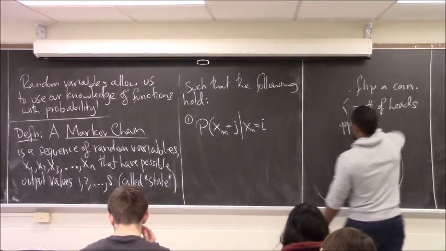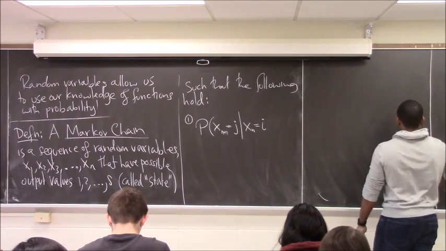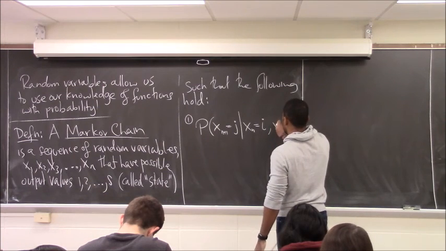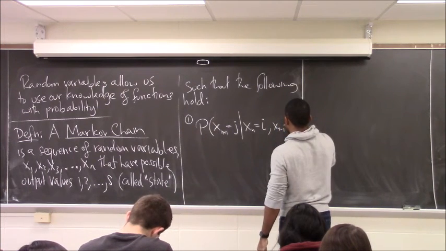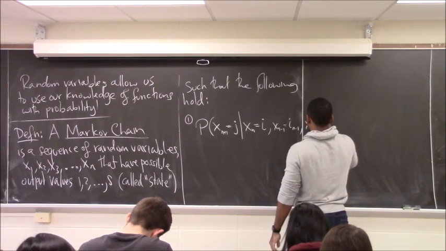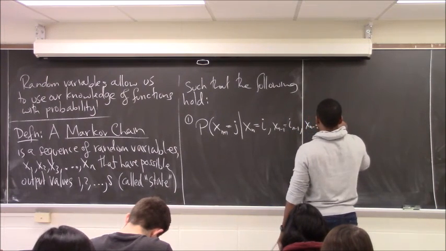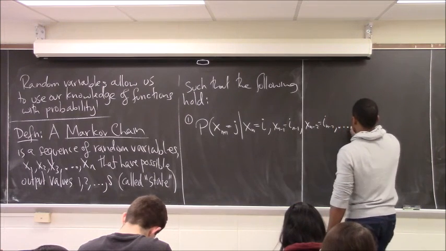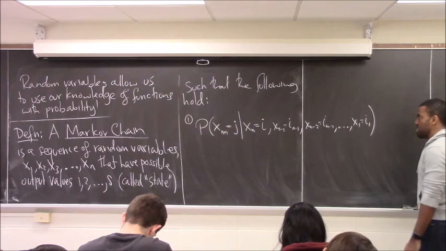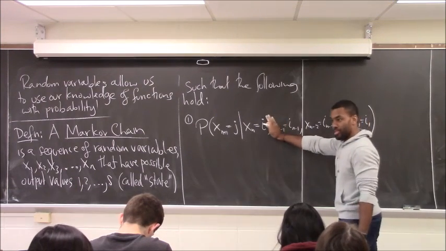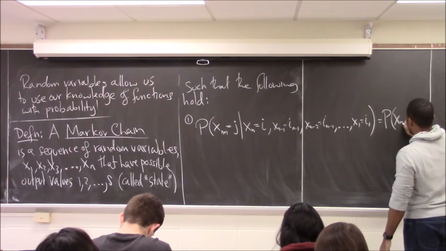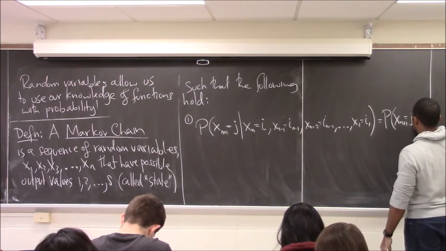And it works out in the following way. Markov chains forget the past. They only count on the present. So if someone were to tell me what all the previous guys were doing, all the way down to the very first guy, the Markov chain is going to ignore all of this information and it's just going to say, the only thing that matters for this is what happened right before.